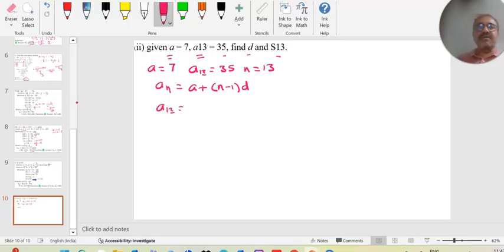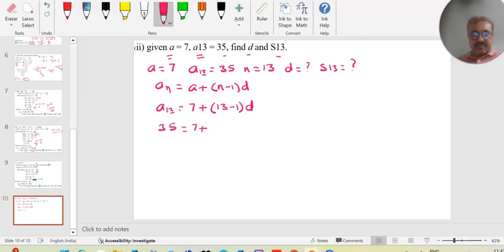a13 = a7 + (13 - 1) d. You should find out the d. d is the question, and then S13. So a13 is, we know that a13 is 35. 35 = 7 + 12d.